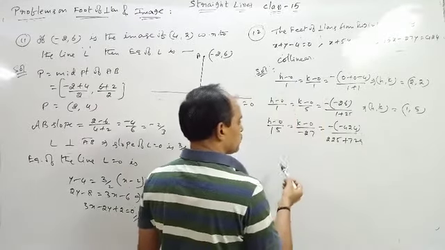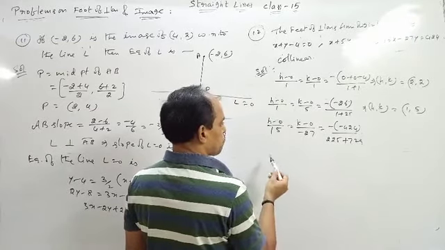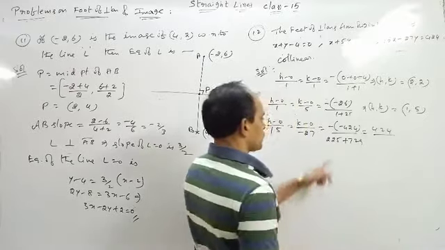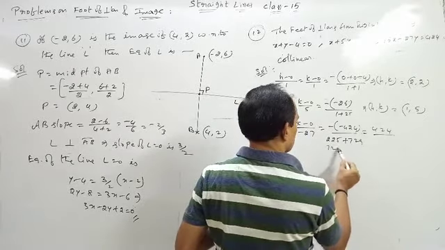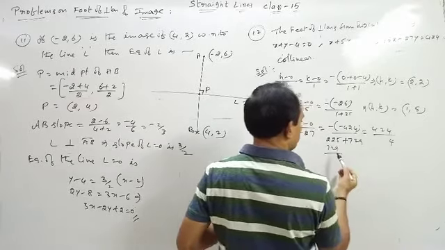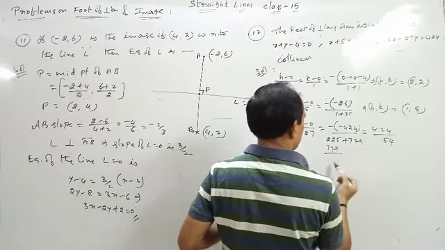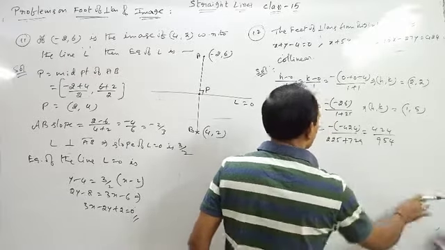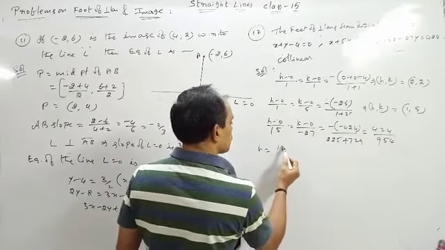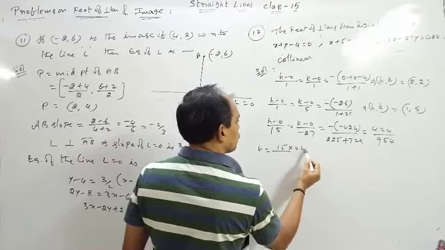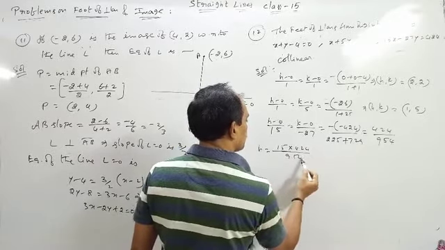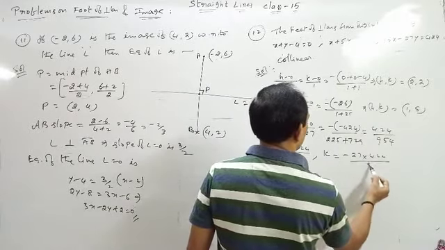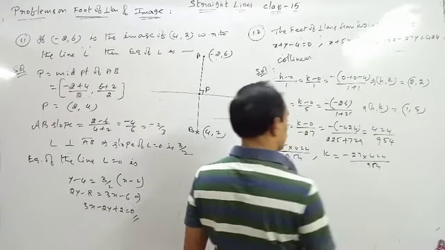So what about the value of this one? That is 424 by 954. Check the calculation part if you have any doubt. So h is equal to 15 into 424 by 954, and k is equal to minus 27 into 424 by 954.